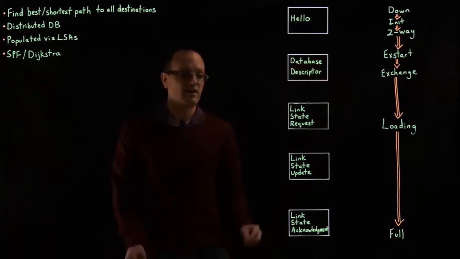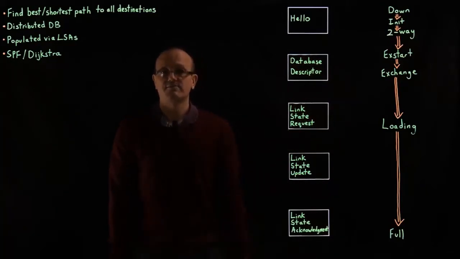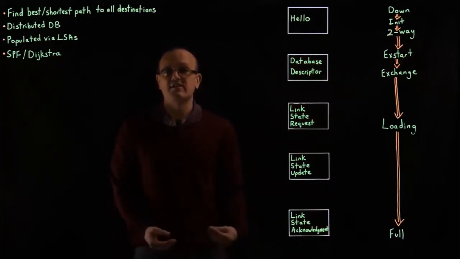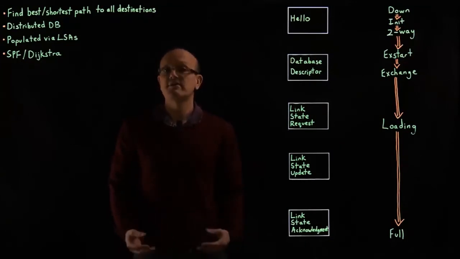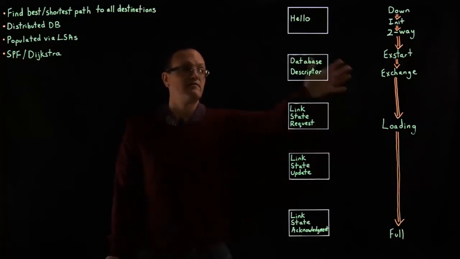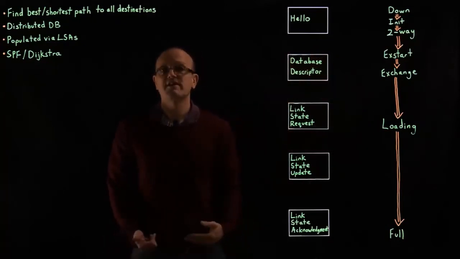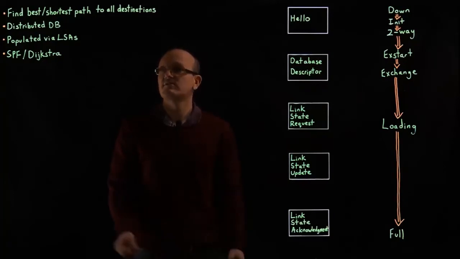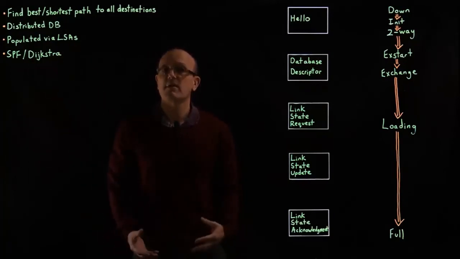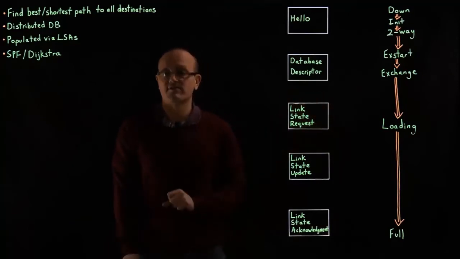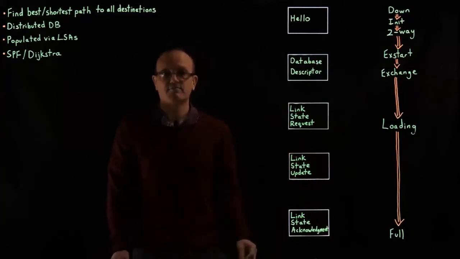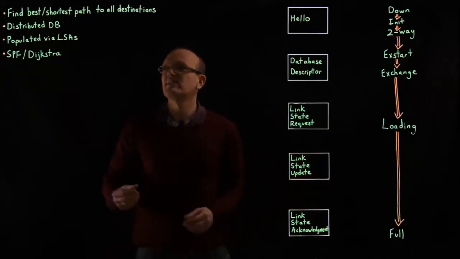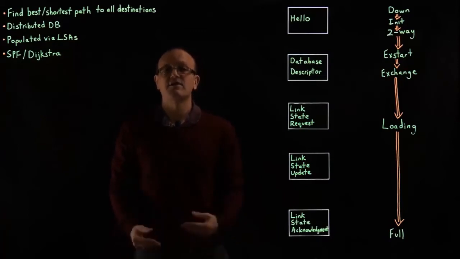The next packet type is a link state request. And a link state request is what we're going to use to bring that database in sync. So if we discover that our database is not in sync via database descriptor packets, we then request pieces of the database, the LSAs that we're missing, from our neighbours using link state request packets. Then we have the link state update packets. These link state update packets are what actually contain the LSAs that are describing the destinations within our OSPF network.